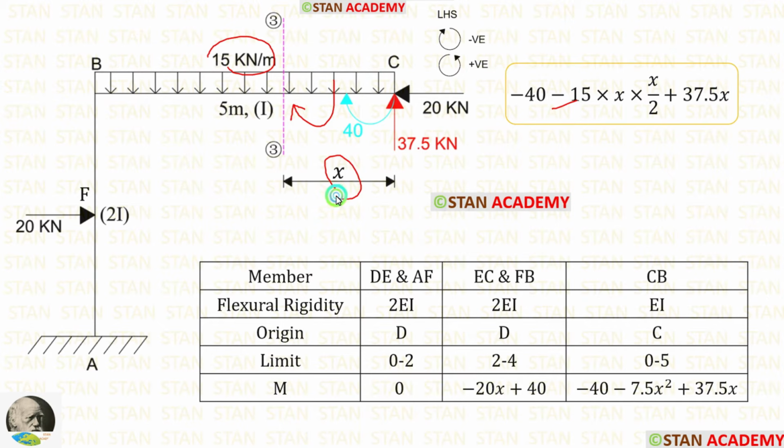The distance is x. For the UDL, we have to multiply the distance and the distance by 2. This 37.5 kilonewton is acting in the anti-clockwise direction, so it will be positive and the distance is x. x into x, we will get x square. 15 upon 2, we will get 7.5.